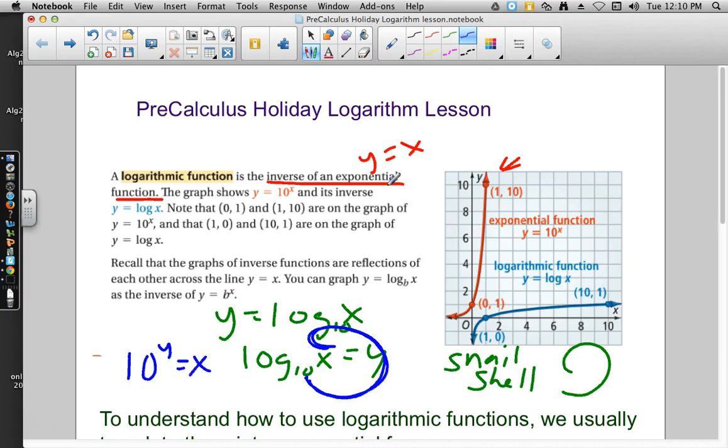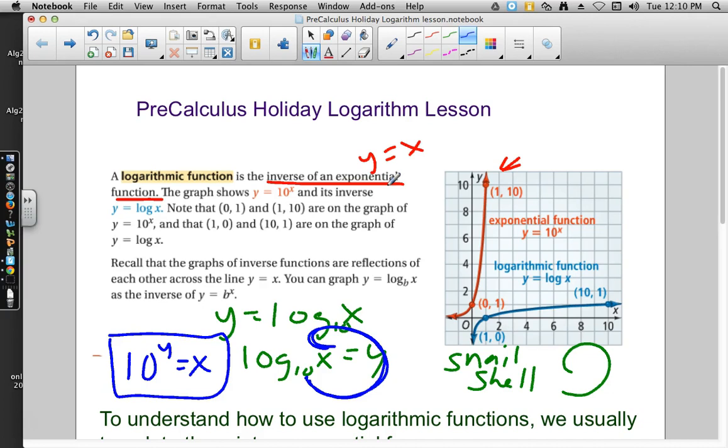They're pure inverses of exponents. The whole thing that we try to get across with inverses is that the x's become the y's and the y's become the x's. And when you look at this, hopefully you get that sense that the x's and the y's have actually changed roles.